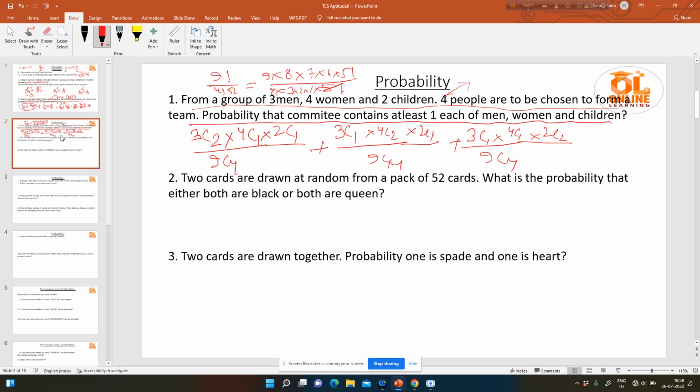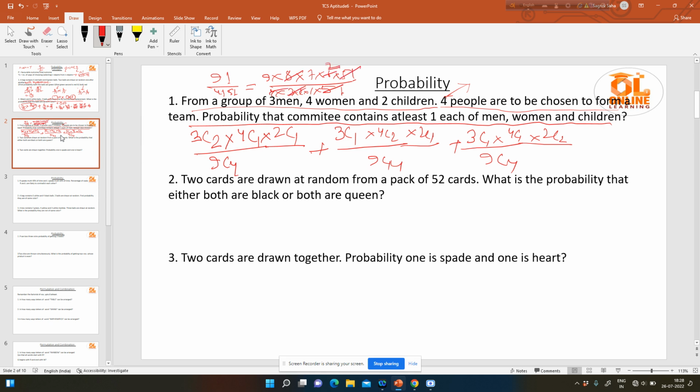So 5 would be gone, 4 into 2 is 8 so 8 would be gone, 3 into 2 is 6. In the numerator, 9 sevens are 63, 63 into 2 is 126. So in the denominator we will have 126. If we take 126 common and solve it, we will get the answer as 12 by 21. So please solve it. I hope everyone can solve it.